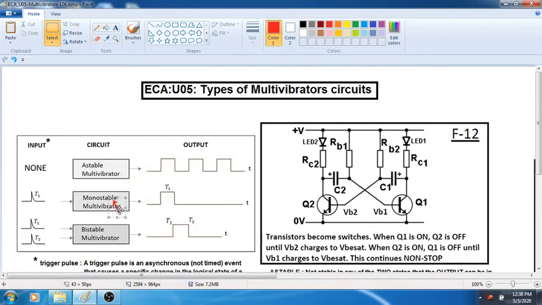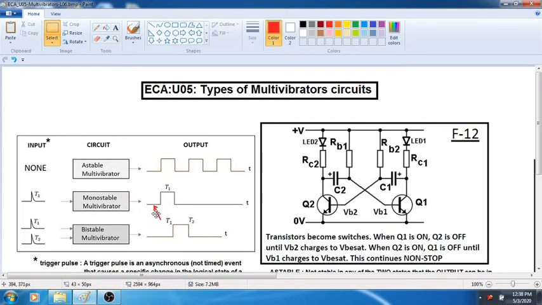Now coming to the monostable multivibrator, which is the second type. This multivibrator also has two states, that means a high state or a low state. Now when will this be in the low state, when will this be in the high state? We have to understand that unlike the astable multivibrator, the monostable multivibrator always wishes to be in one state.